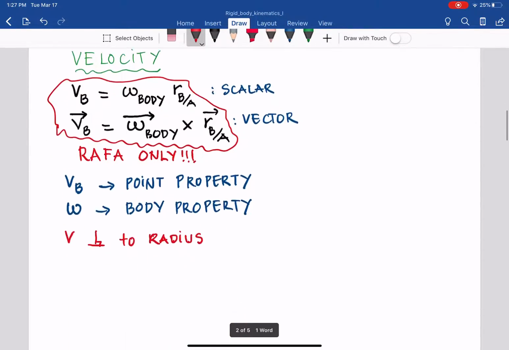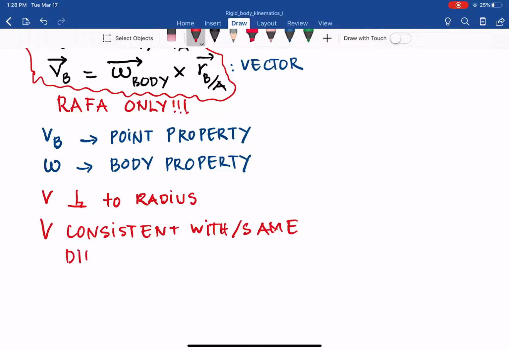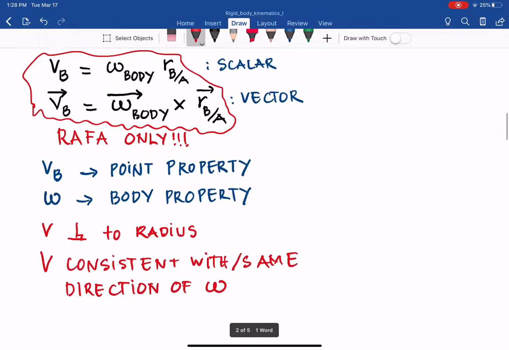The second note is that velocity v is consistent with, or in the same direction as, omega.